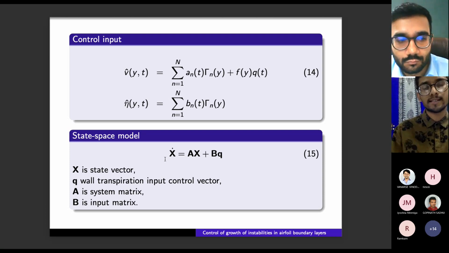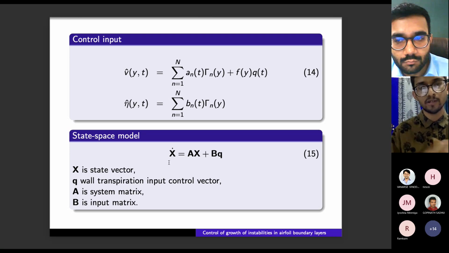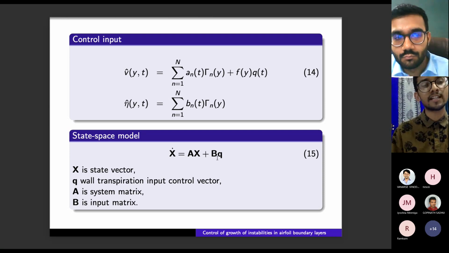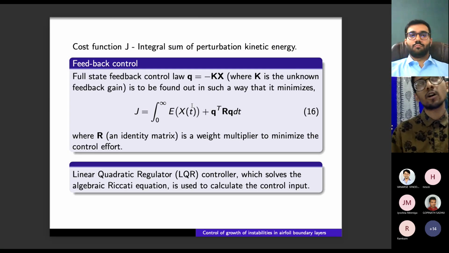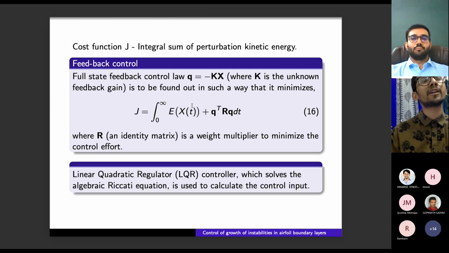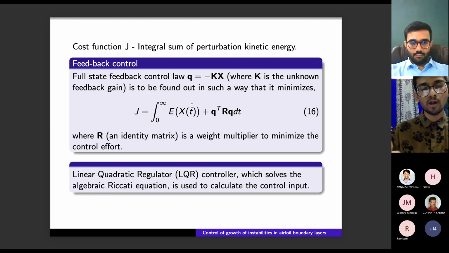When we put these terms back into the equation, we obtain what we call the state space model. Here x is the perturbation vector, and the dot represents the time derivative of the perturbation vector. And q is the control input, which we still don't know. To obtain q, we form an optimization problem because we want to reduce the perturbation energy.